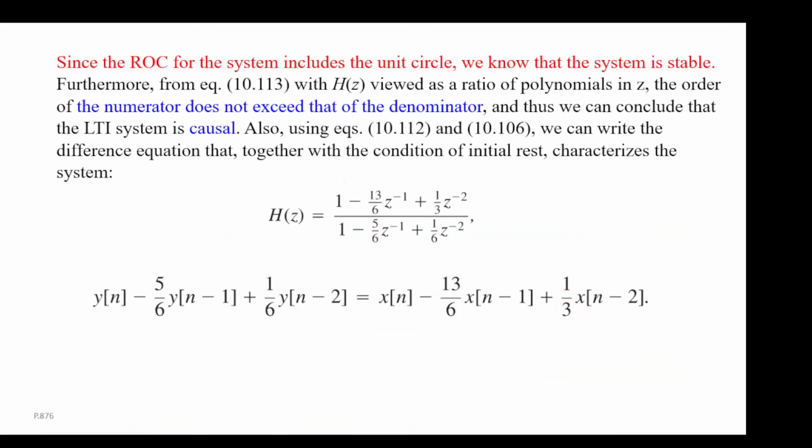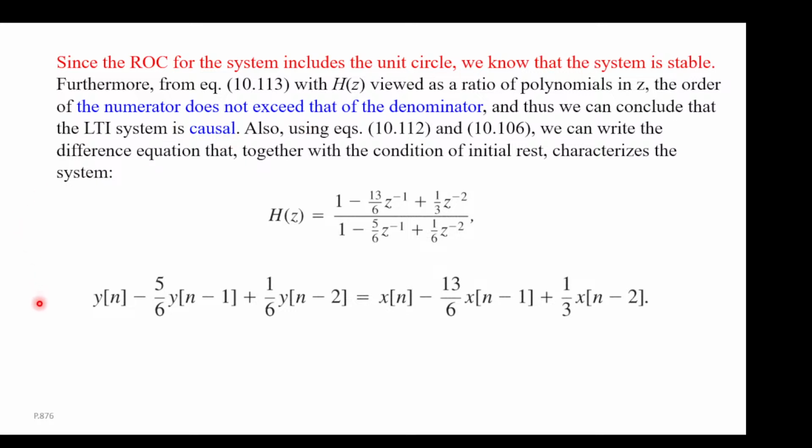You can take z going to infinity and see that this converges to just 1. So the system is also causal. So we know that the system is stable and causal.